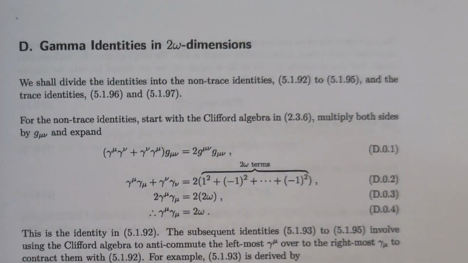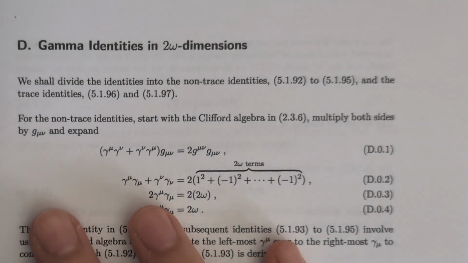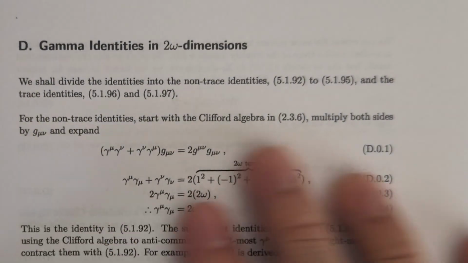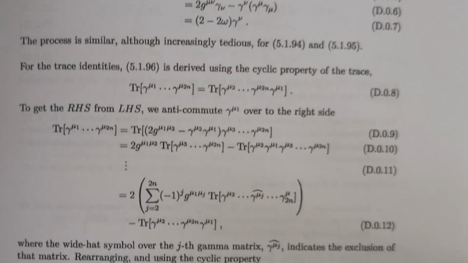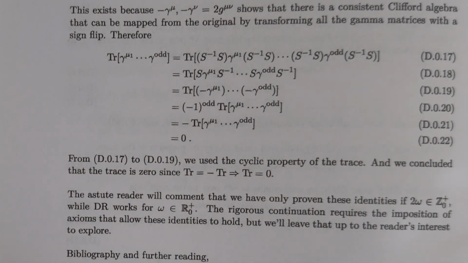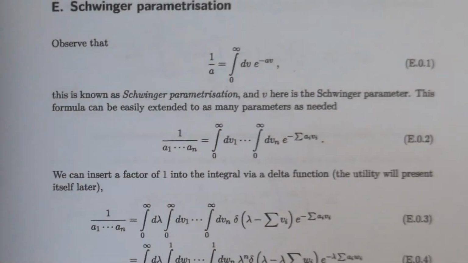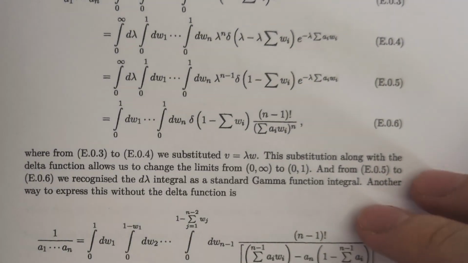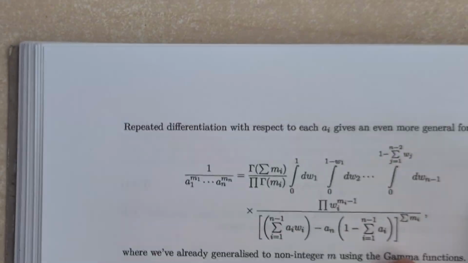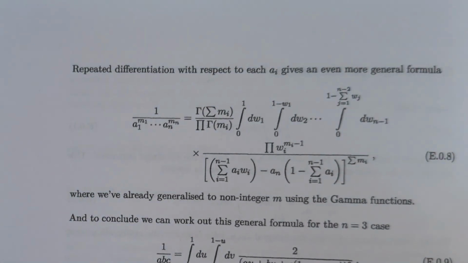And here are the identities that I said I would derive in the appendix. And I believe this is the final appendix. No, there's one more. This is the second to last one. So there's the Schwinger parametrization.